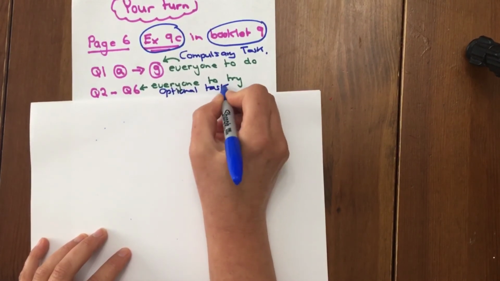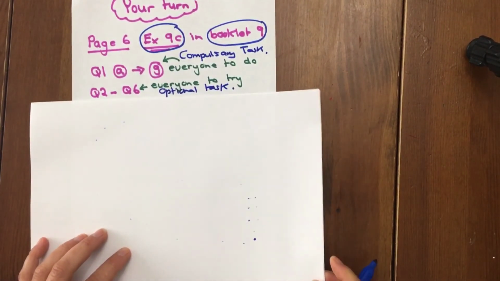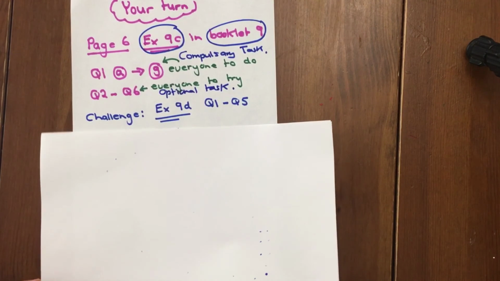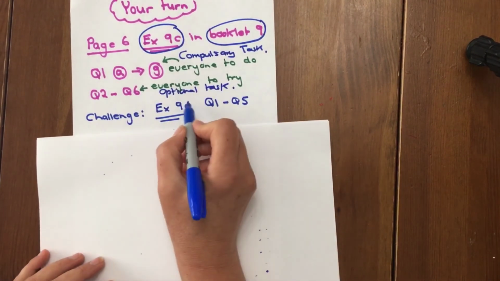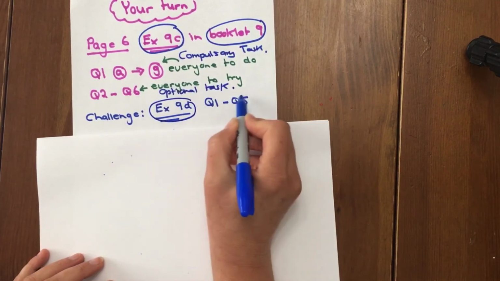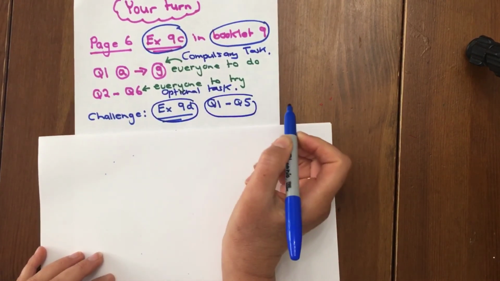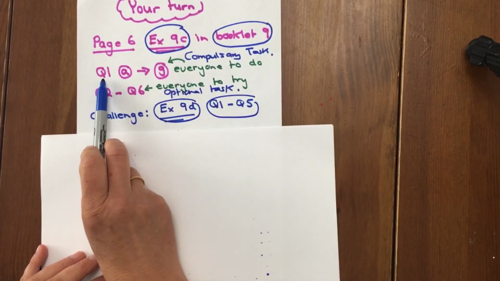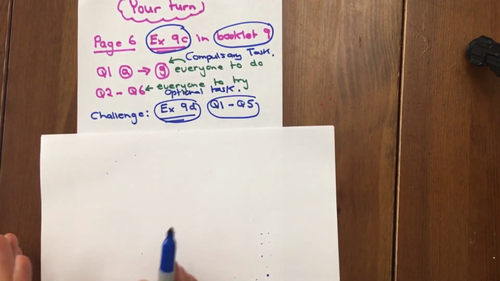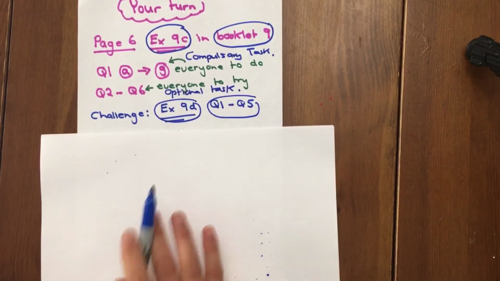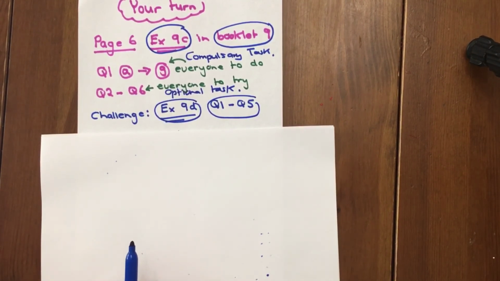Okay, you don't have to do it, but it'd be great if you did. And the challenge, again, optional task, is this next exercise, questions 1 to 5. So I want everyone to do questions 1A to G, and these two are optional. That's written on Show My Homework as well as explained here in the video.